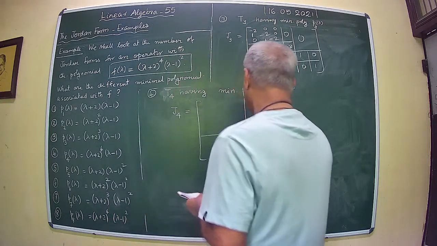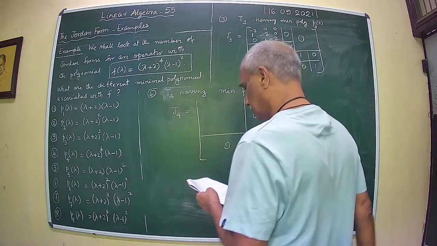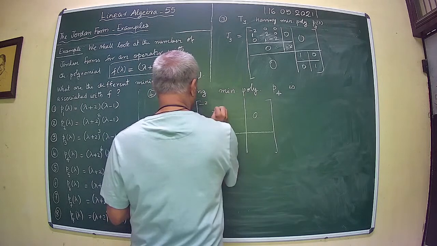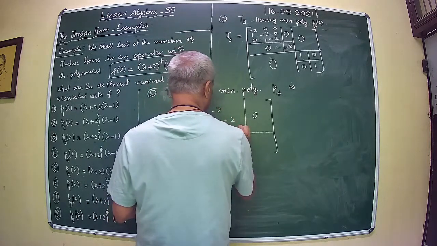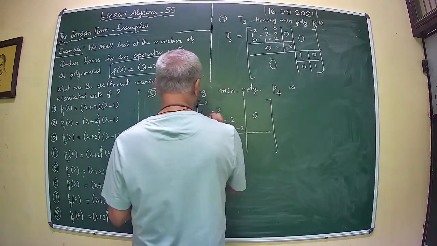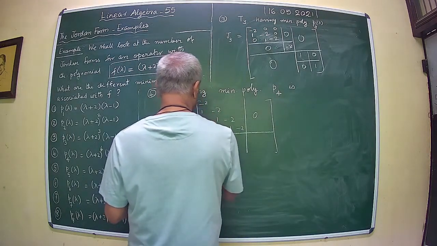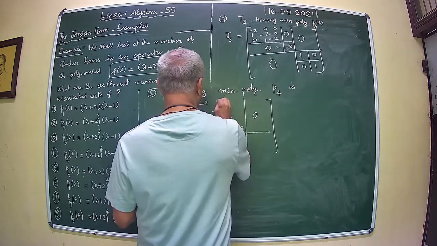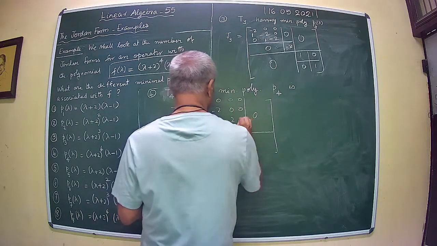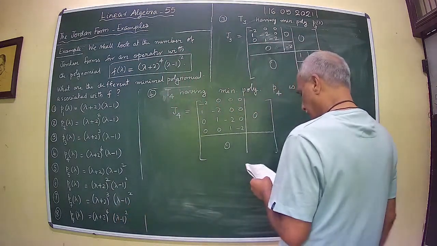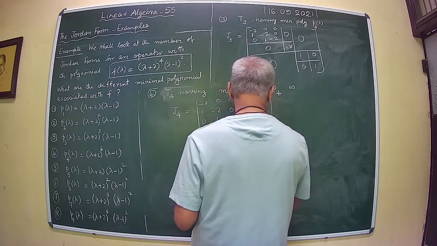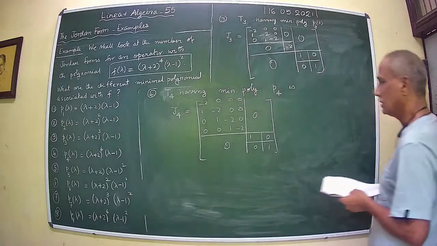This is a major breakup you have. Now here it is going to be minus 2, minus 2, minus 2, minus 2, 1, this is the form, and of course here it is 1, this is the form.